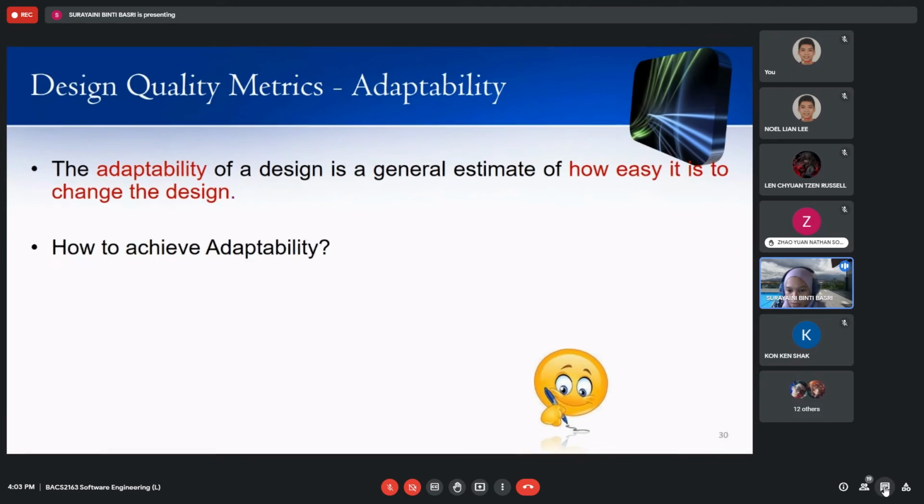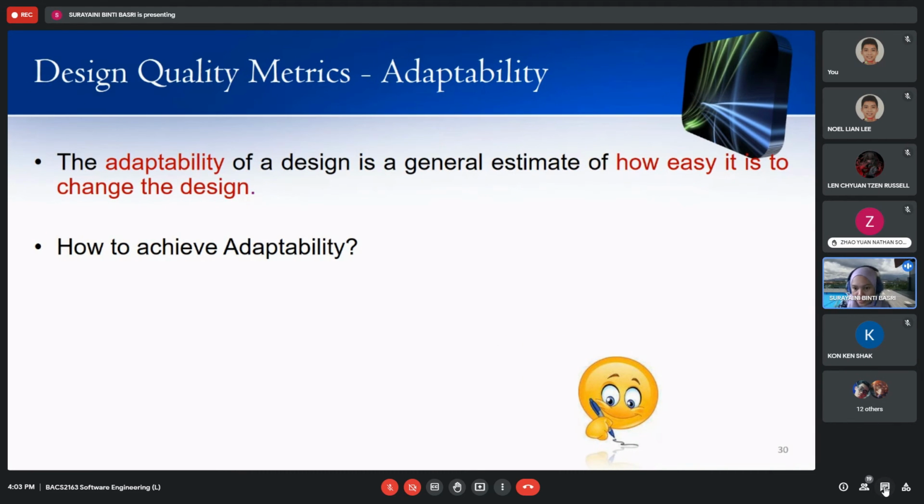Okay, so Russell, consistent with implementation. Design should be consistent. Consistent with what, Russell? Design should be consistent with the implementation.